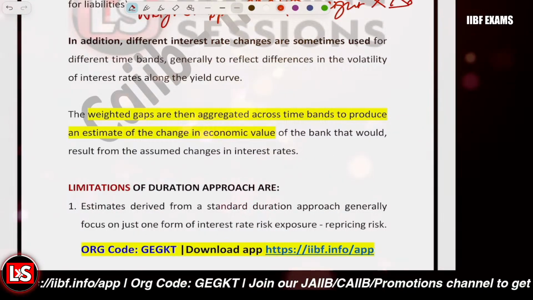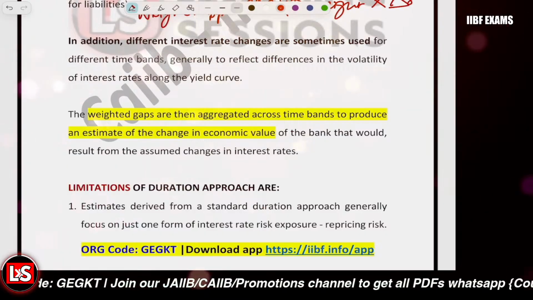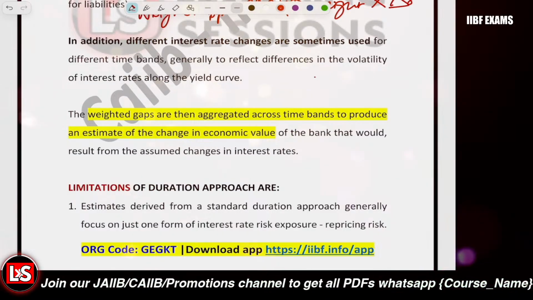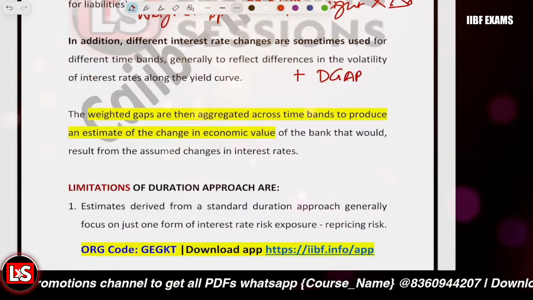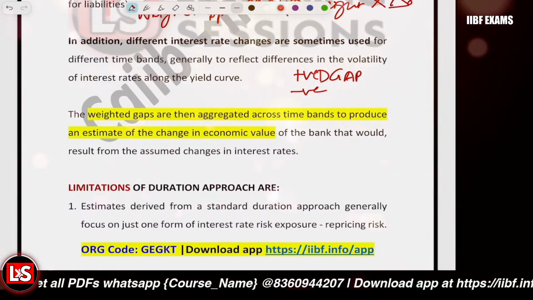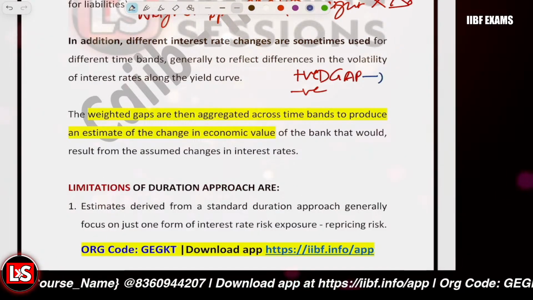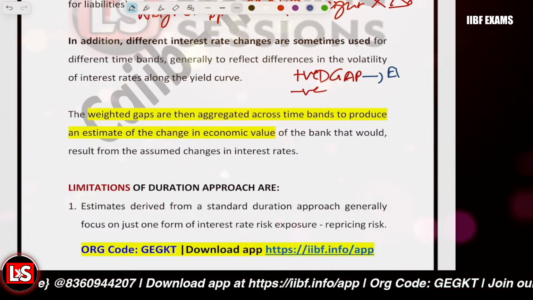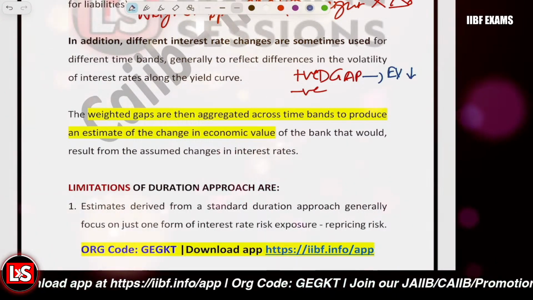Okay. And what will be the outcome of the duration analysis? Like the duration gap, D gap, this D gap will either be positive or negative. So if the duration gap is positive, then the economic value will fall when the rate increases.